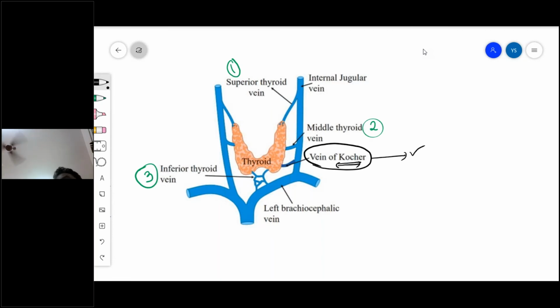We call that Kocher's vein. Before doing the surgery, we look for Kocher's vein, whether it is present or not. If it is present, we should ligate that vein. Is it clear? So this is the venous drainage.